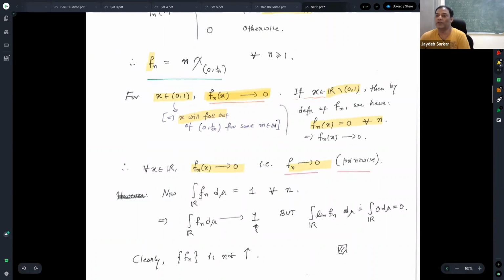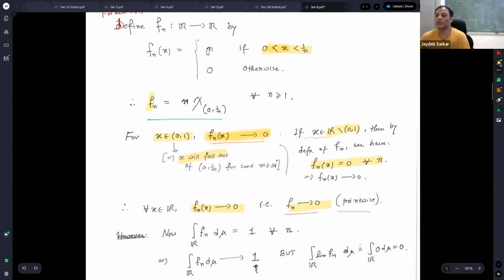Now we look at Fn. One more time, the definition of Fn tells you there are only 2 points of discontinuity, at the point 0 and at the point 1 over n. So certainly it is Riemann integrable, almost continuous, and with some effort, which we have not talked about, you can prove that this is also Lebesgue integrable.